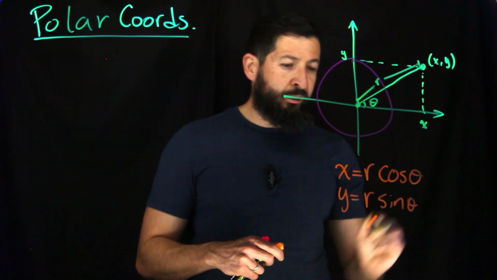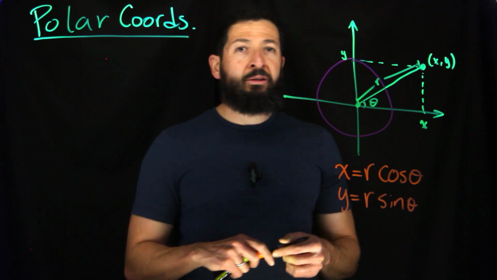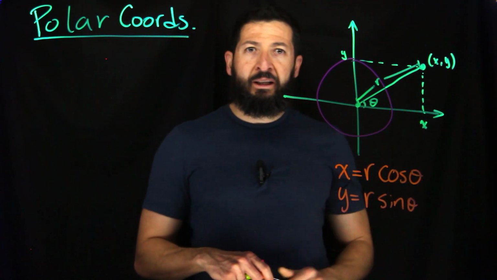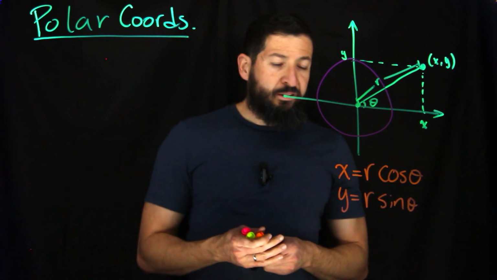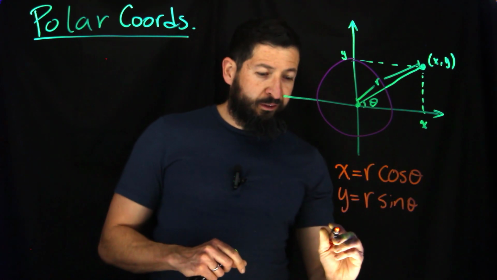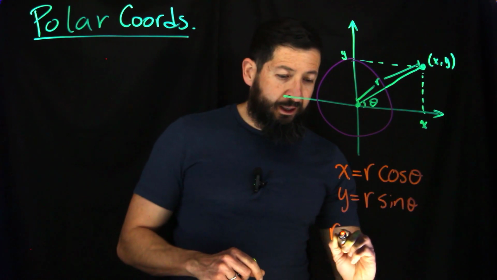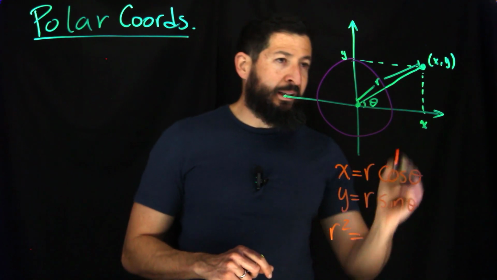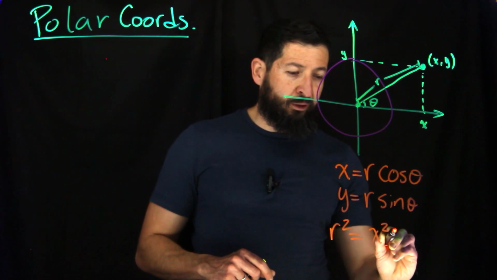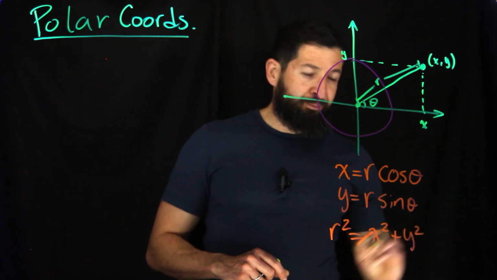So if I give you a point where I know the radius and the angle, you can calculate the x, y coordinates just by plugging into these equations. Similarly, if you had x and y, you can always find your radius by remembering that the square of the hypotenuse is equal to the sum of the squares of the sides of the triangle.